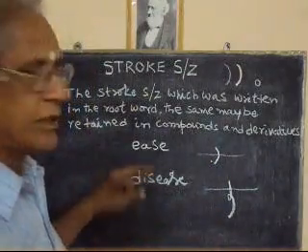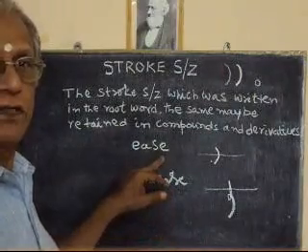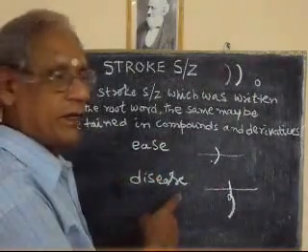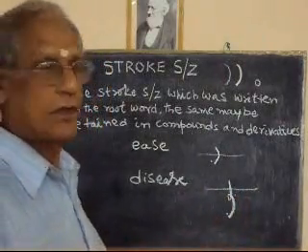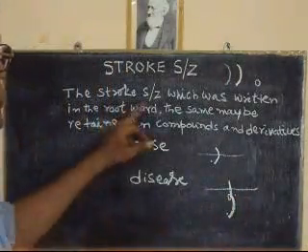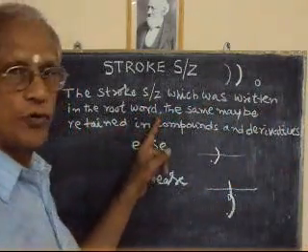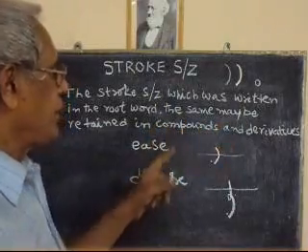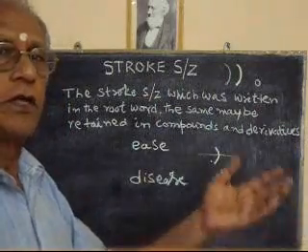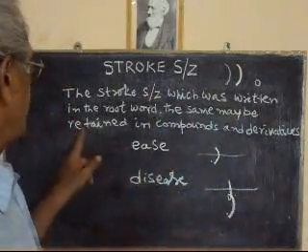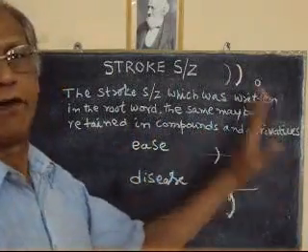This is the derivative of the root word is. So like this, the stroke S or Z which was written in the root word may be retained in compounds and derivatives.